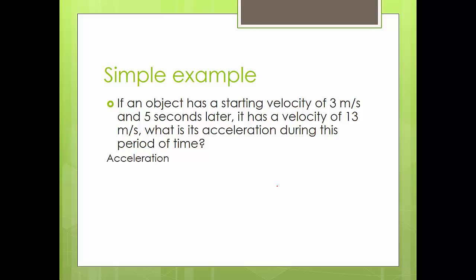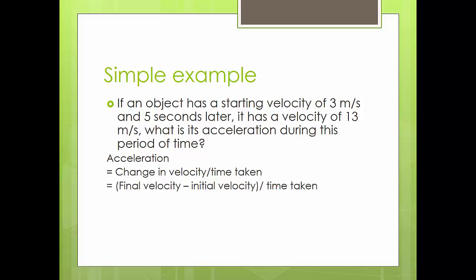Acceleration is equal to the change in velocity divided by the time taken. You take the final velocity, which is 13, minus the initial velocity, which is 3, over the time span of 5 seconds. So it's calculated to be 2 meters per second squared.